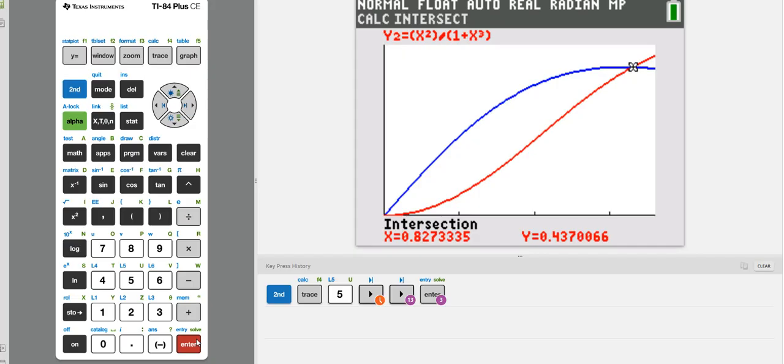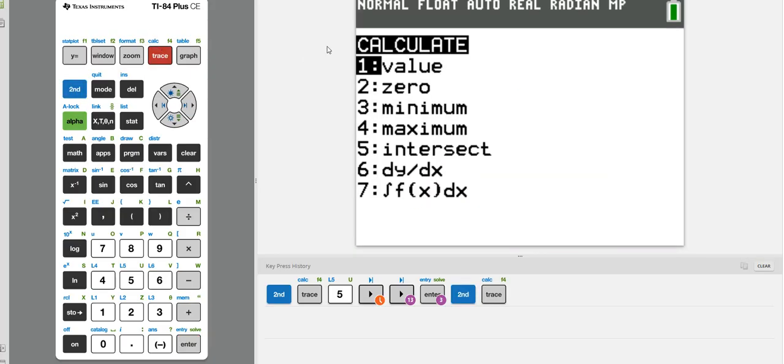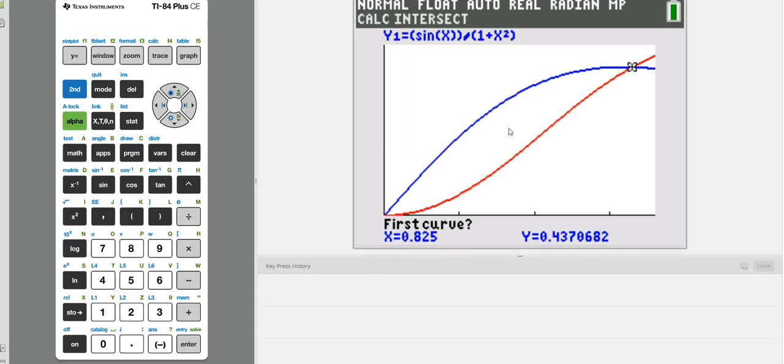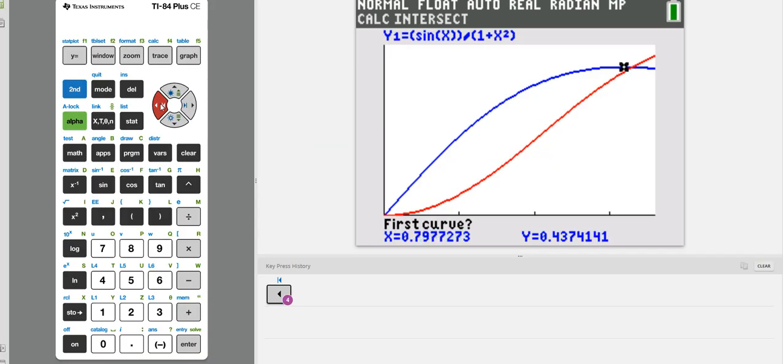Sorry, could you show that one more time? Sure. One more look at that. You're going to hit the second key, then the trace key, which takes you to the calculate menu. You want option 5. For option 5, you're going to approximate this by moving your cursor close, and it doesn't matter exactly where.